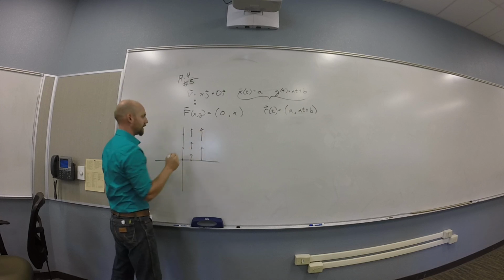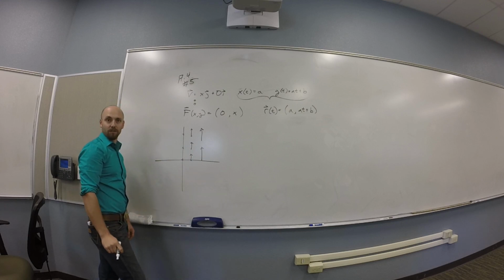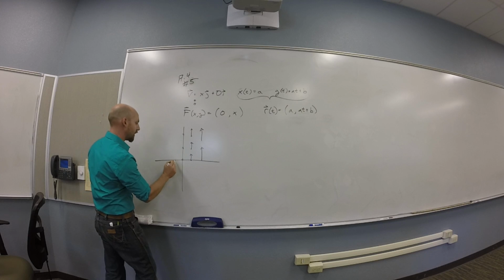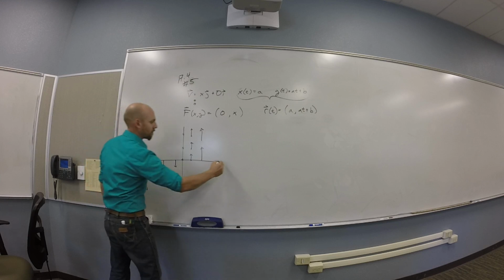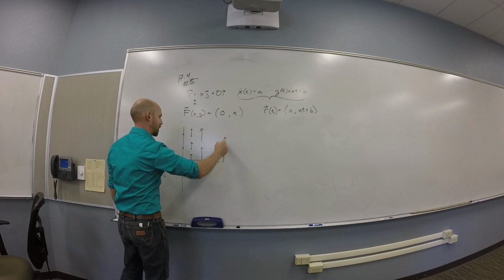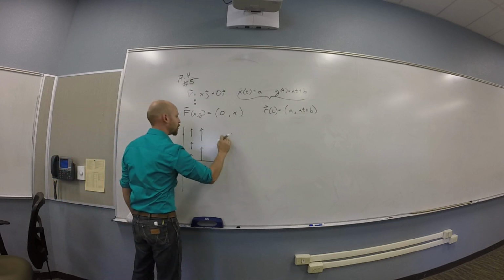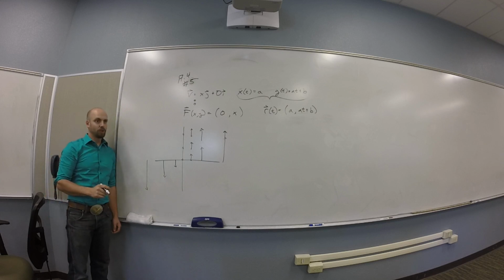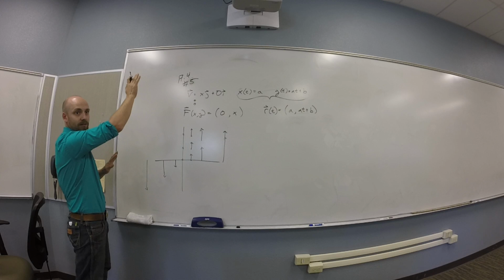These vectors are supposed to be twice as long as those ones. You guys see that? And then over here on the left-hand side, it goes down. So this is like shear flow, right?